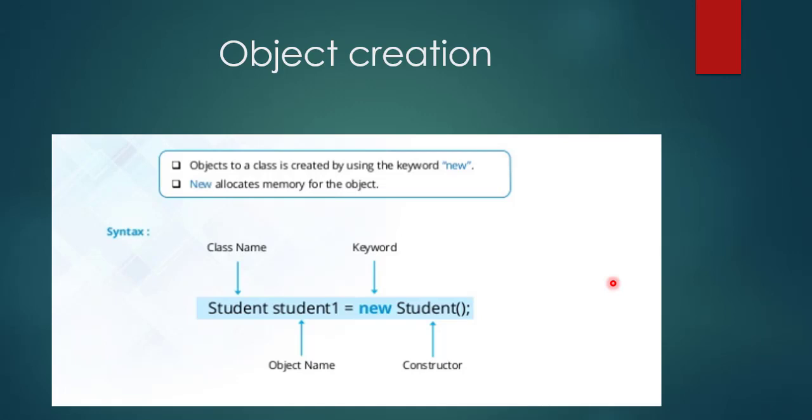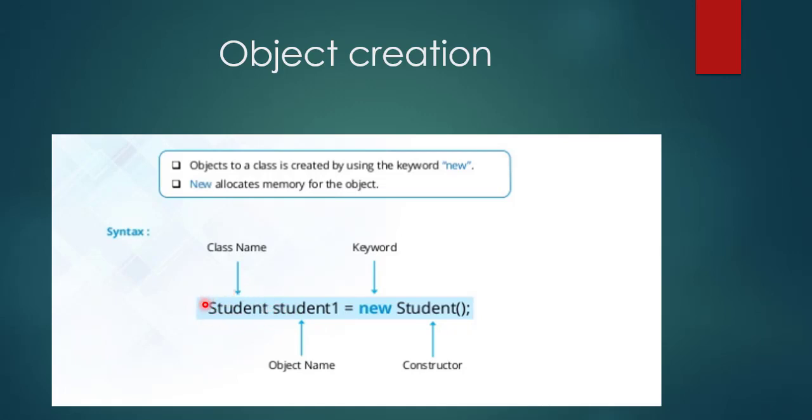Object creation. An object of a class is created by using the keyword new. This is the syntax for creation of objects. As you know, new allocates memory for the object. This is the syntax. For example, this class name is Student. Student1 is an object name. You can use anything here, like x, y, z, object1, object2, but this will be the class name.